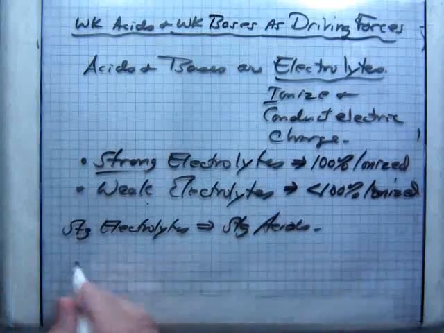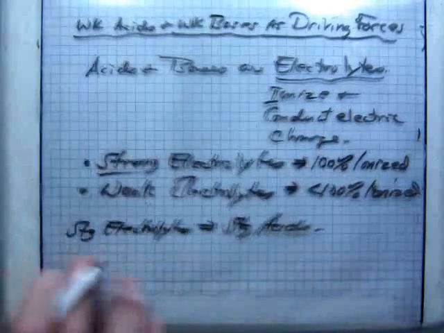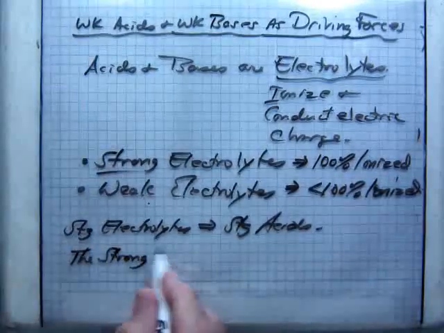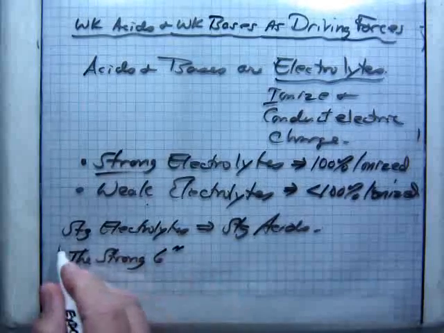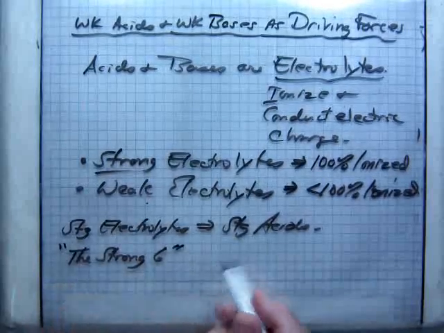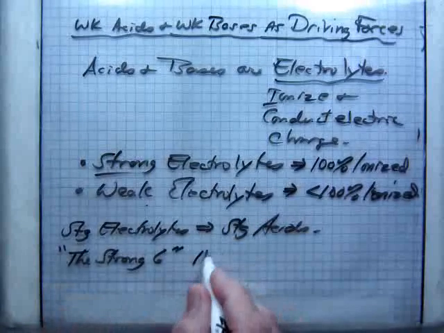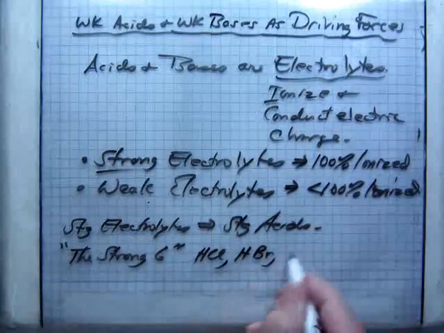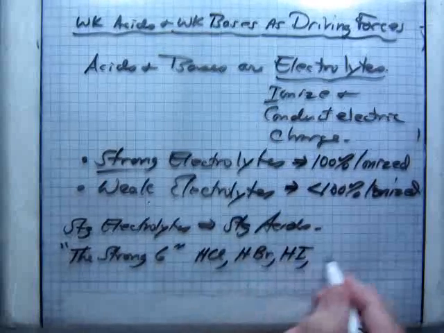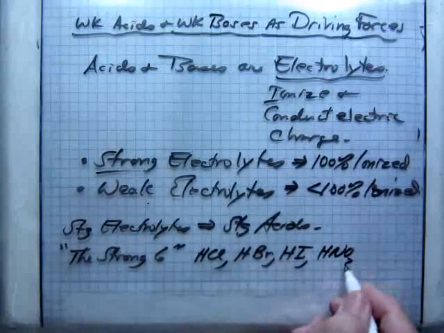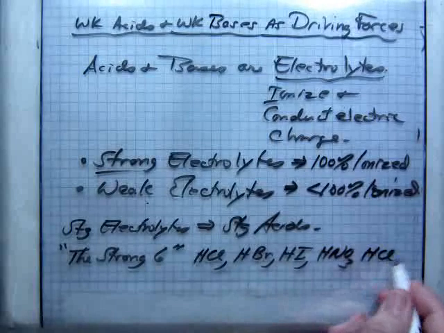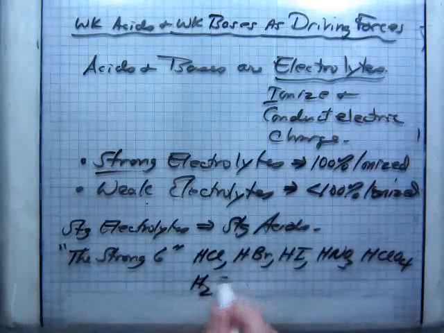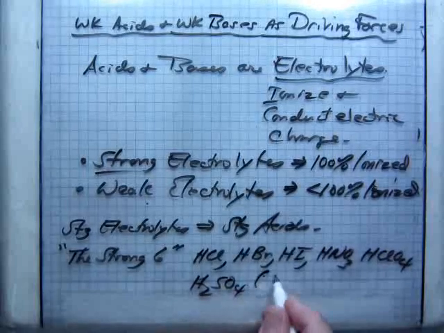I call them the strong 6. The strong acids include HCl, HBr, HI, HNO3, HClO4, and H2SO4, first ionization step.